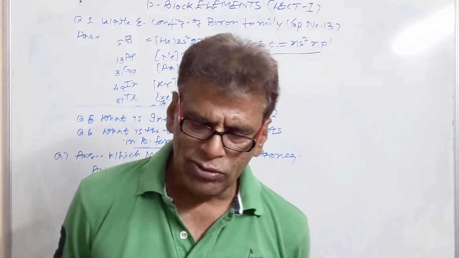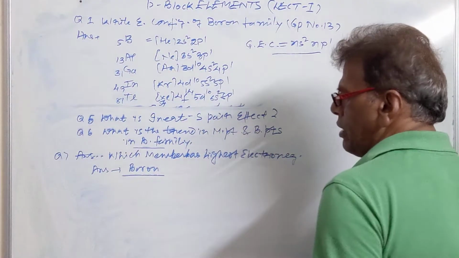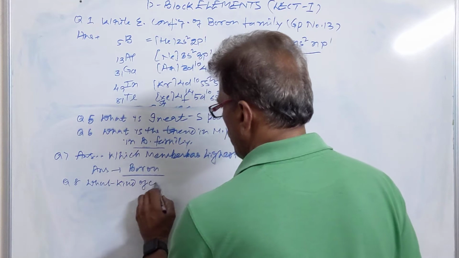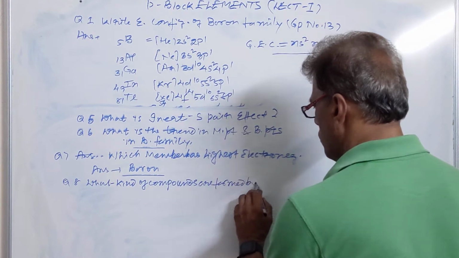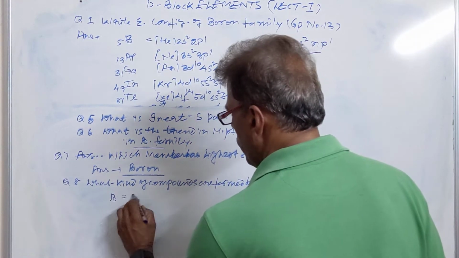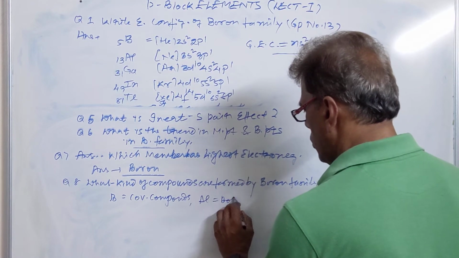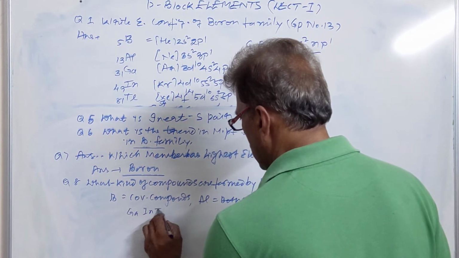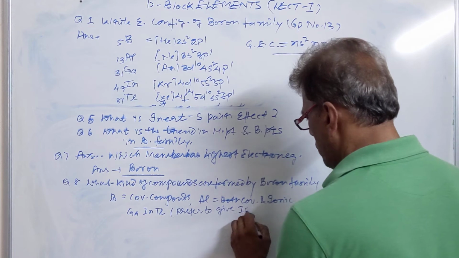Aluminium can form both covalent as well as ionic compounds, while gallium, indium and thallium, due to their large sizes, prefer to form ionic compounds.